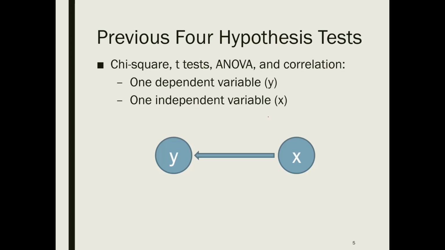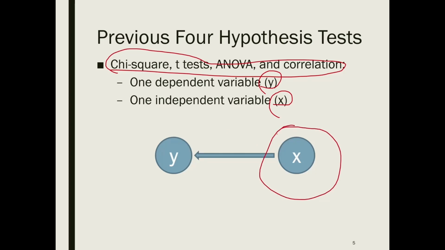If you mark the independent variable as the x and the dependent variable as the y, in those previous tests we only use one x to explain the y, or sometimes we say we use the one x to predict the y.